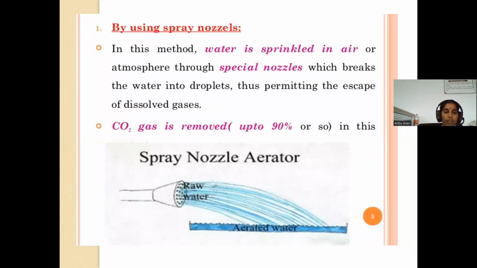By using spray nozzles method, this method will aerate the water by sprinkling the water in air. Water is sprinkled in air at atmospheric pressure through special nozzles which break the water into droplets, thus permitting the escape of dissolved gases.